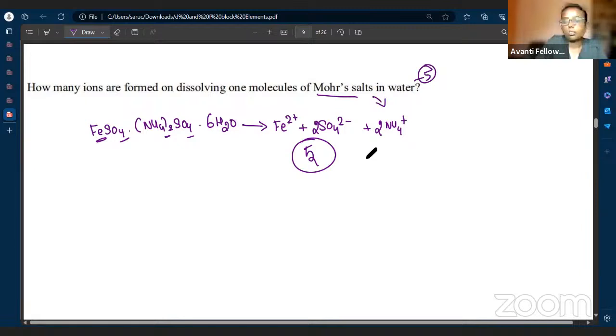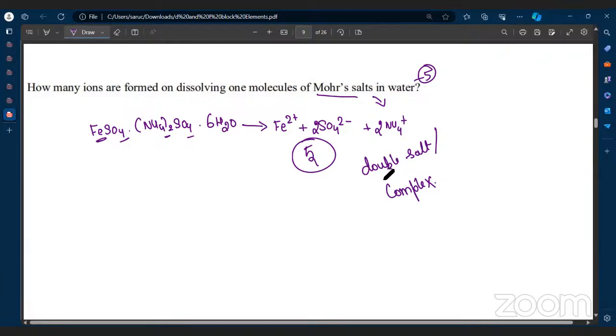So whether this Mohr's salt is a double salt or a coordination complex. Yes, it is a double salt.